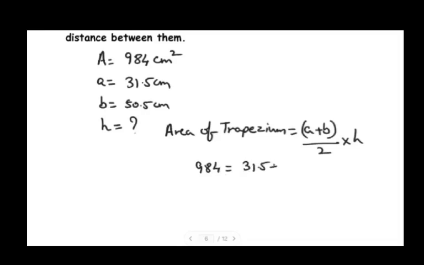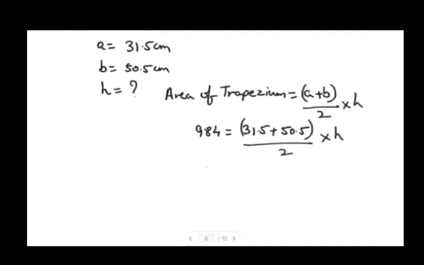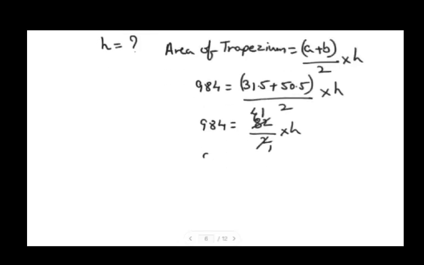A value 31.5, B value 50.5 upon 2 into H. 984 is equal to 31.5 plus 50.5, that is 82 upon 2 into H. Reduce it to the lowest terms. 2 1s are 2, 2 4s are 8, 1 41. 984 is equal to 41H.